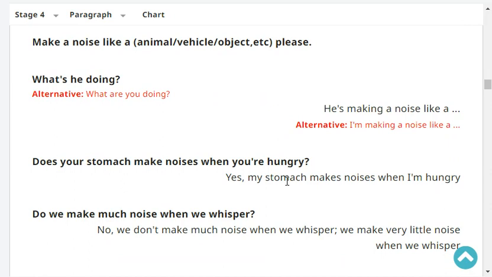Yes, my stomach makes noises when I'm hungry. Do we make much noise when we whisper? No, we don't make much noise when we whisper. We make very little noise when we whisper.